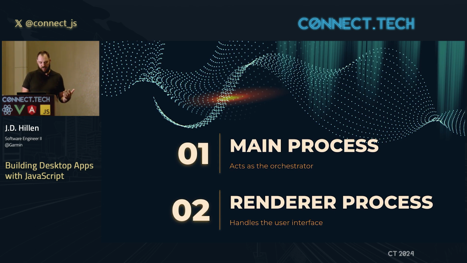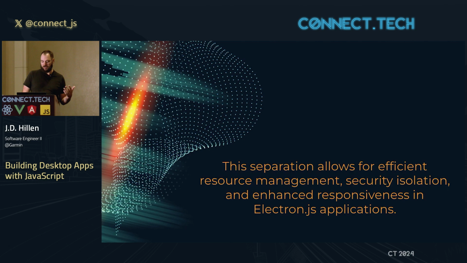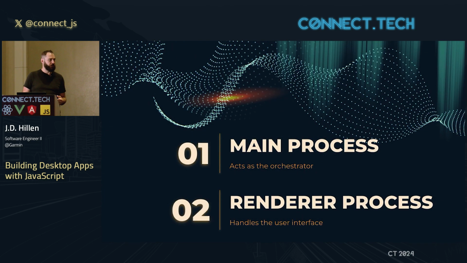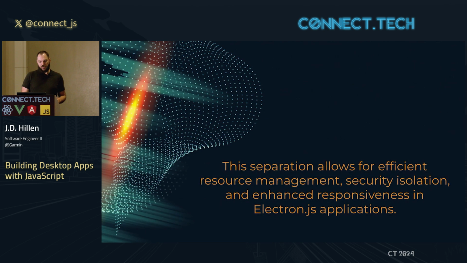And then the renderer process handles all the user interfaces, switching back and forth between different UIs and pages and things like that. This separation allows for efficient resource management, security isolation, and enhanced responsiveness in Electron.js apps. So basically what this does, it makes it all work awesome.